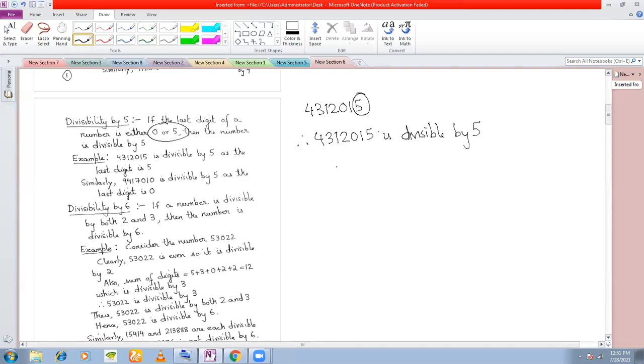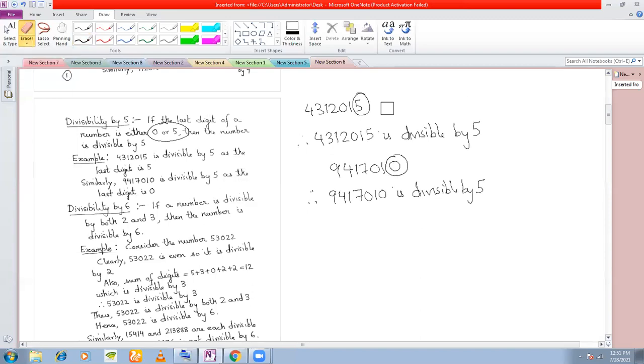Consider this number. I want to check whether this number is divisible by 5. So look at the last digit. Last digit is 0. So either 0 or 5, right? If the units digit is either 0 or 5, then the number is divisible by 5. So therefore 9417010 is divisible by 5. Okay, as easy as this.